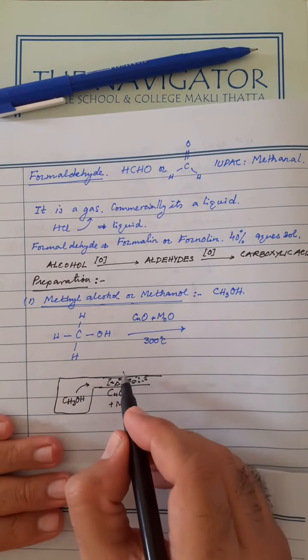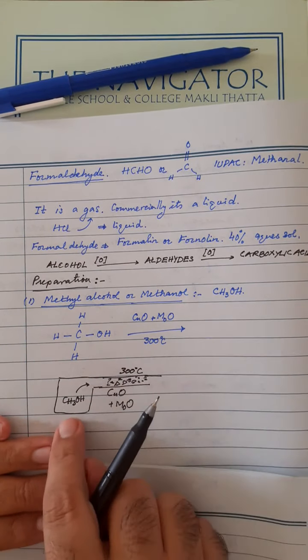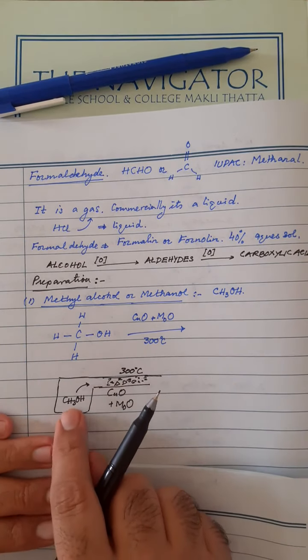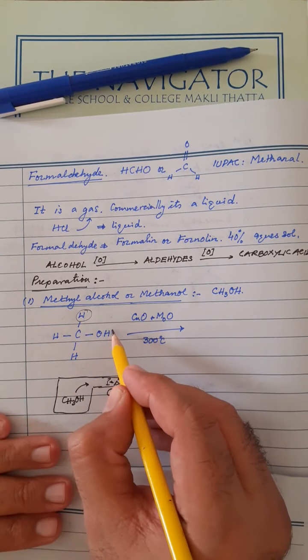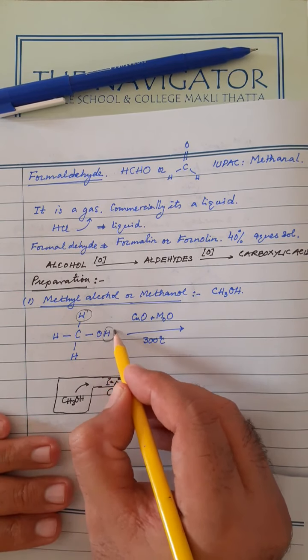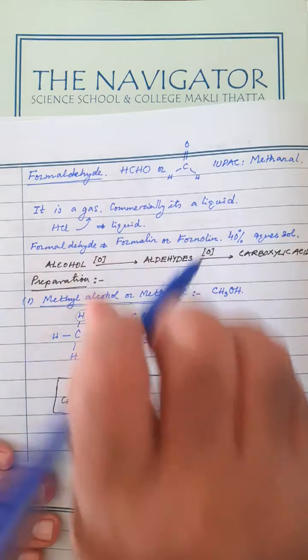And if this is hot, right, this molecule CH3OH will surely lose its hydrogen. Let's say this hydrogen and this hydrogen just leave this molecule as H2 hydrogen gas. All right. Now what's going to happen?